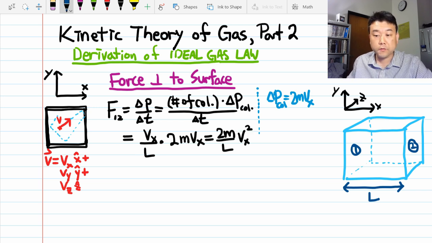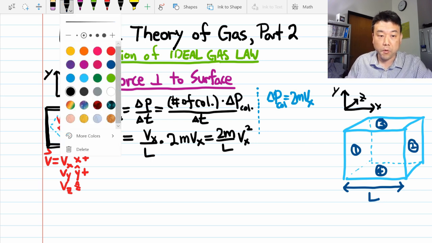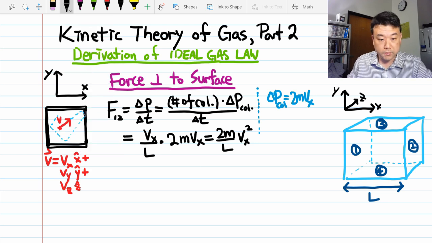The next pair of surfaces we are going to handle are the pair of surfaces perpendicular to the y-axis, surfaces 3 and 4. And all the arguments will go the same way. The only difference is where we had x component, we are going to have y component. So the outward force perpendicular to surfaces 3 and 4, imagine going through all the arguments we did before, where we had x, replace that with y.